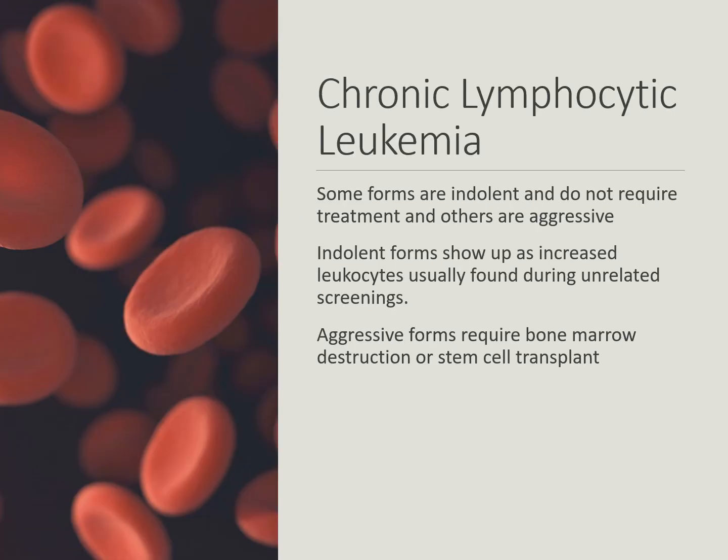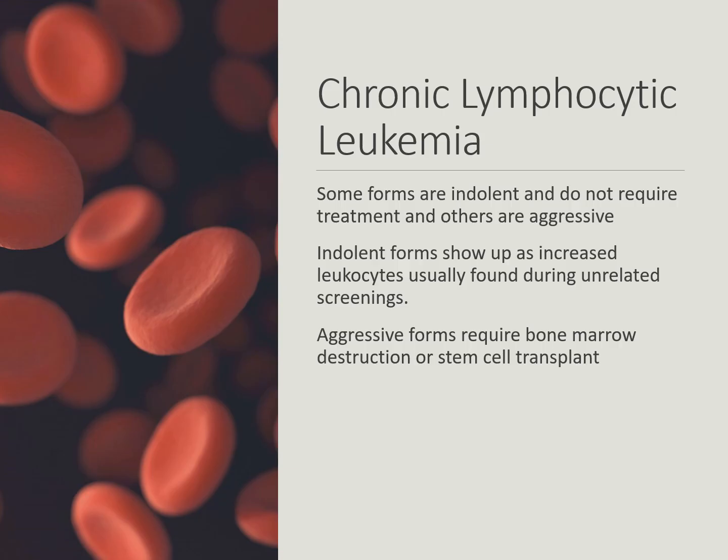So we're going to start with chronic lymphocytic leukemia. These are malignancies of B lymphocytes, and these are the most common form of leukemia that we see of all types. Many forms of chronic lymphocytic leukemia, or CLL, are what we call indolent, meaning that they are very slow growing. People really don't show much in the way of outward signs and symptoms.